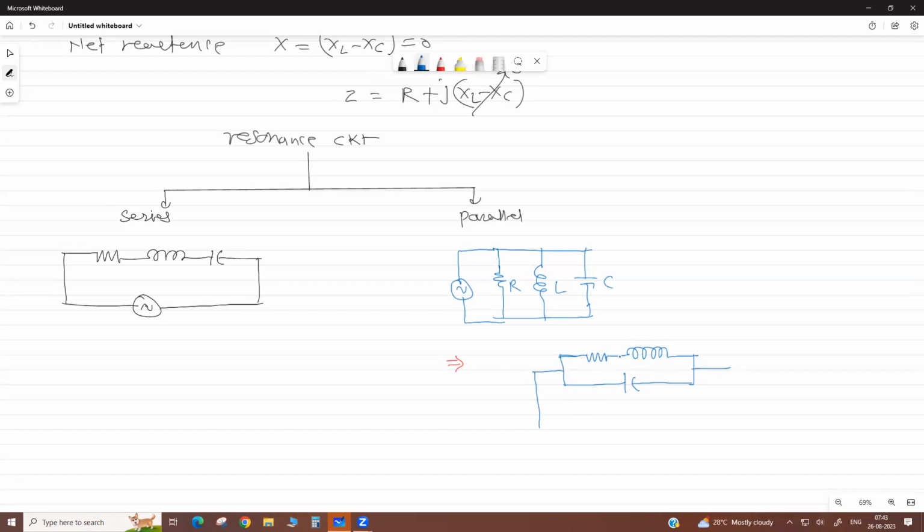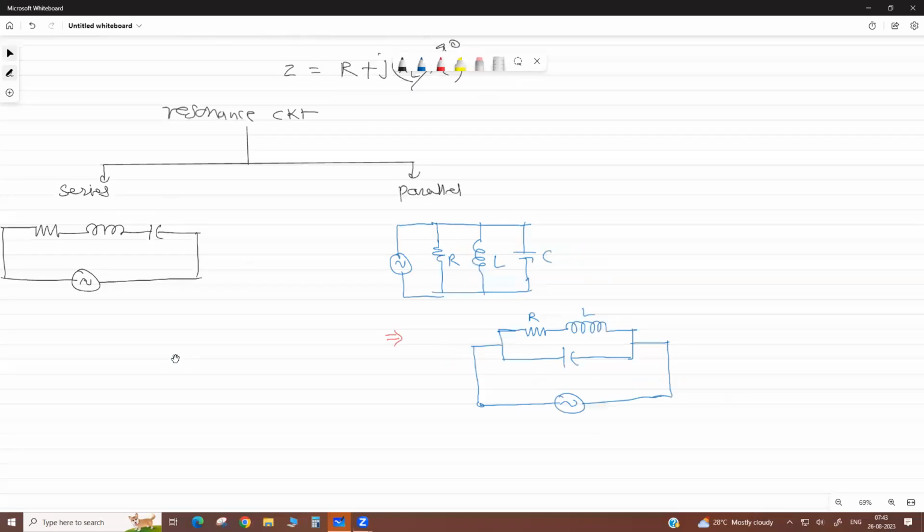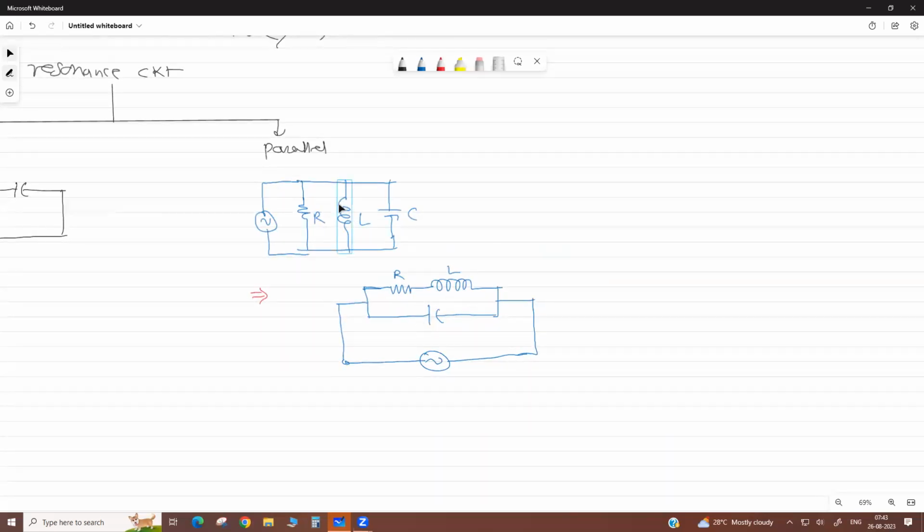This is the coil resistance and inductor.